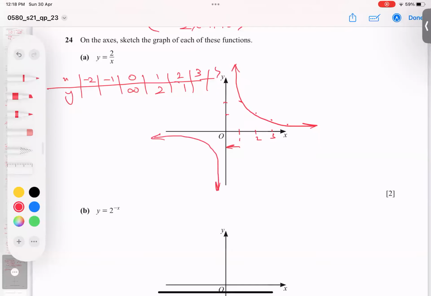So short story, whenever you have y equals a over x, this a I'm writing means the number can be any number. A can be 2, A can be 1, A can be 3, 4, 5, 6, 7, 8, whatever. But as x comes down, the graph will always come this way.